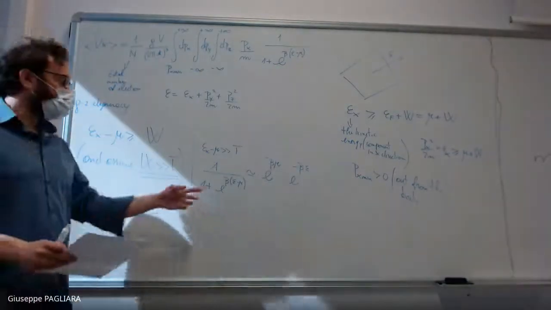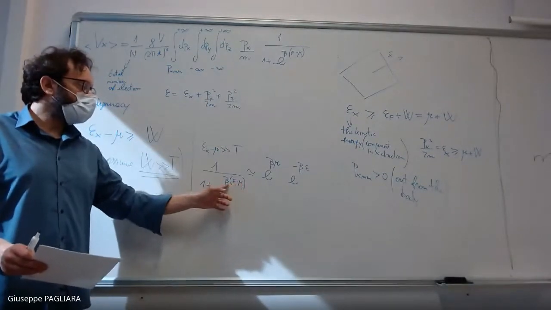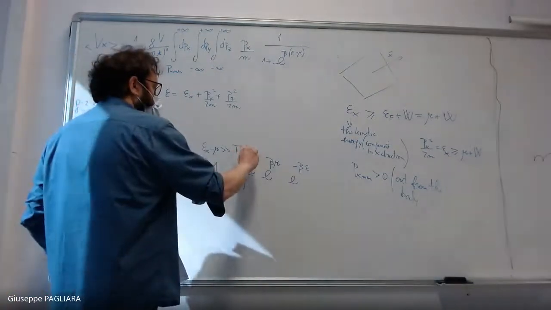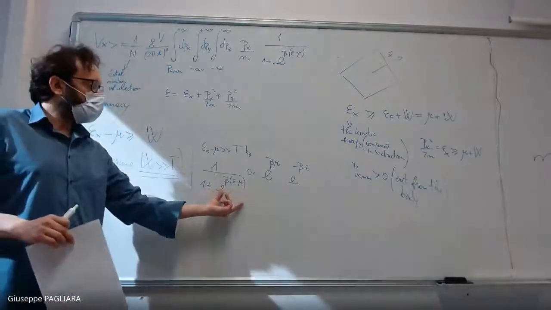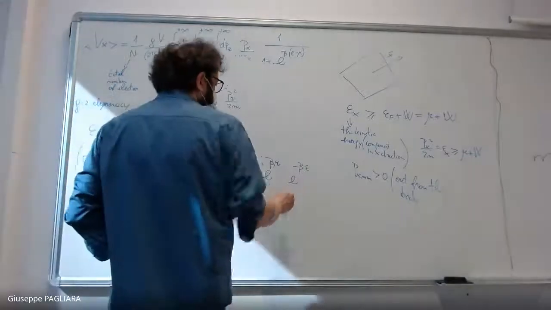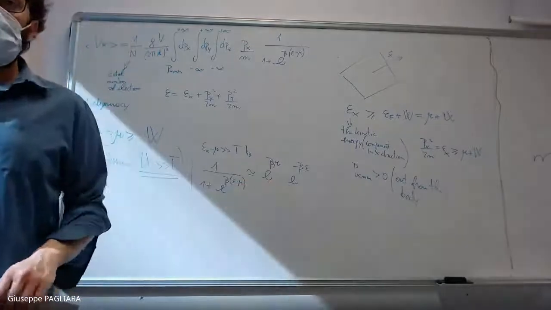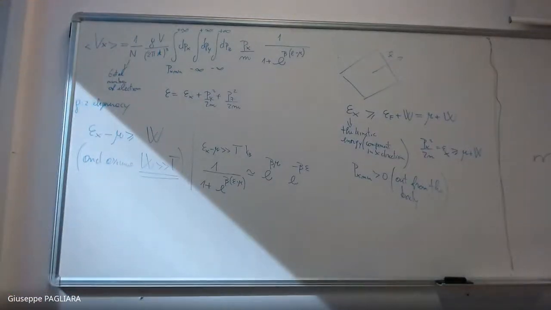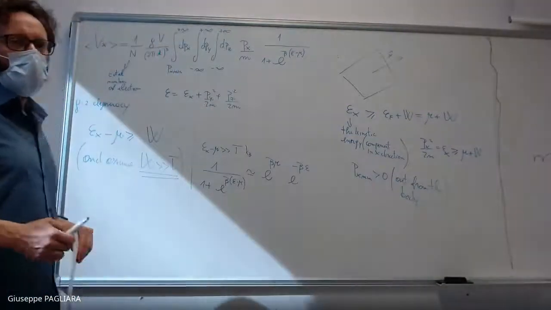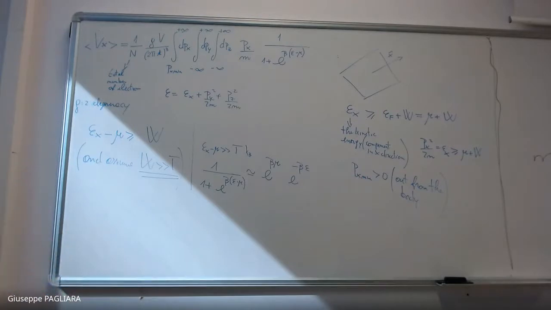Just because epsilon x, which is a component of epsilon, minus mu is much larger than kBT, and therefore this exponential explodes. I will have a Maxwell-Boltzmann distribution, provided by this term, with the additional factor of the exponential of beta mu, which is not present in the Maxwell-Boltzmann distribution that was derived in the microcanonical ensemble or in the canonical ensemble.